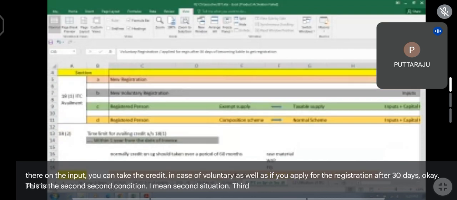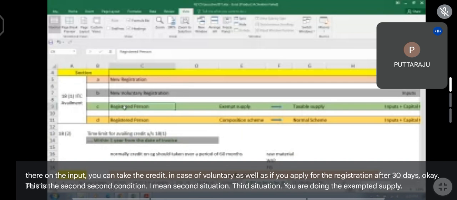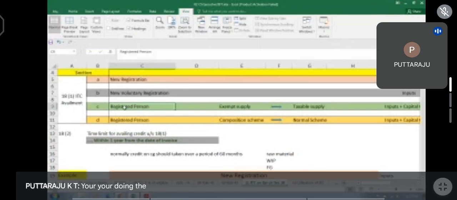Third situation: you are doing exempted supply.